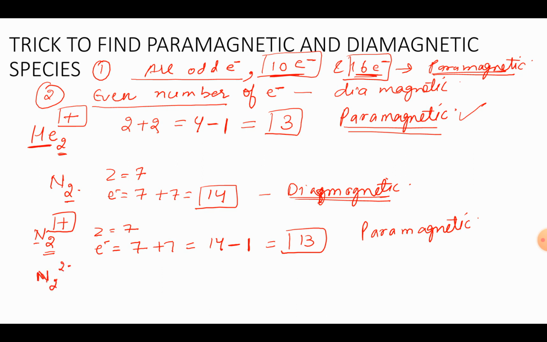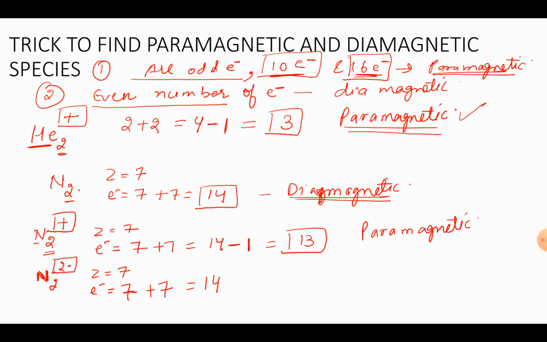You can pause the video now and find the answer, then come back to the video once again. So here I go with it. Z is equal to 7, that is the atomic number. Electrons are 7. 2 nitrogen we have, so 7 plus 7 is equal to 14.